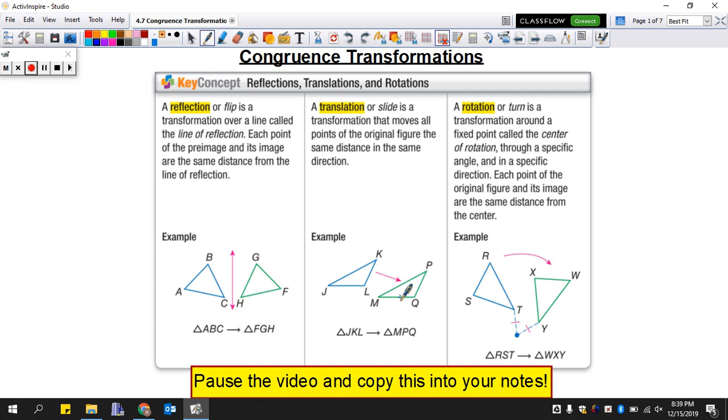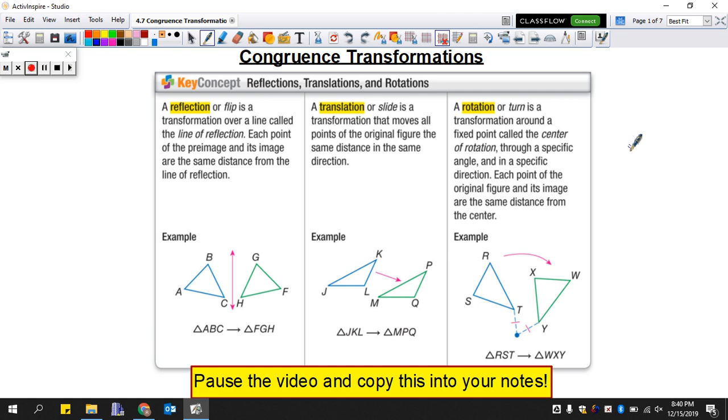The last transformation is a rotation, which is simply a turn around a fixed point called the center of rotation. Oftentimes, our center of rotation is going to be the origin on a coordinate plane.